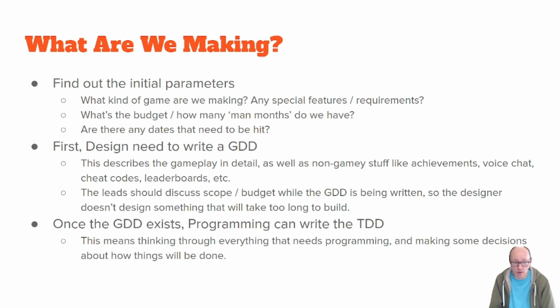And the requirements are that there's 12 levels and you can have 2 players on screen at once, split screen. So these might be the initial rules that you've been given. Maybe the main character has to be an octopus, or maybe a character from a cartoon on TV or something like that. So there'll be some initial parameters.